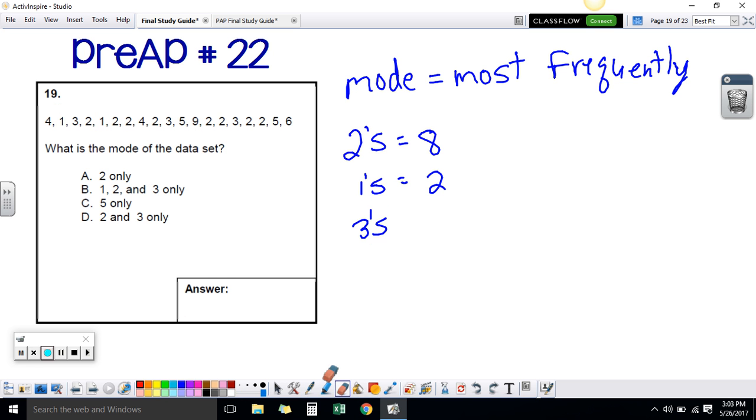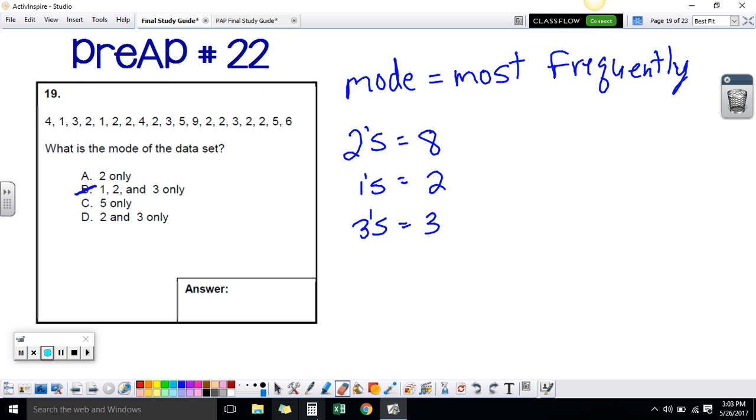Let me erase this guy. 1, 2, 3. Looks like I've only got 3 3's. So this guy is definitely out, because if I did have a mode of 1, 2, and 3, that means all of those would have to occur the same number of times. Well, so far it looks like 2 is occurring the most.